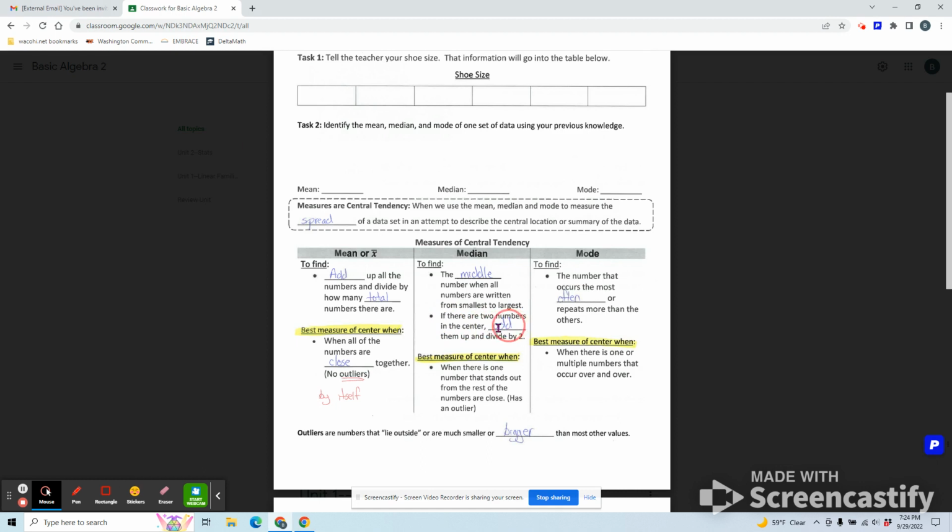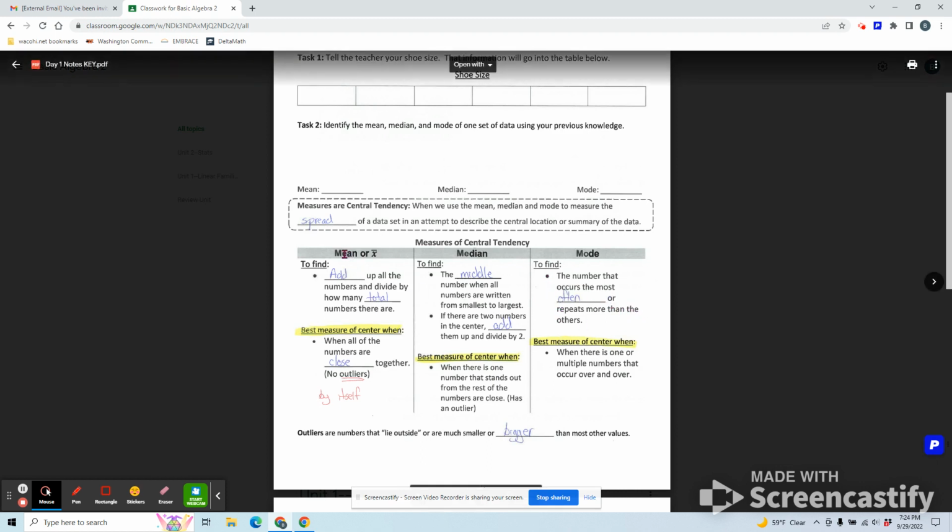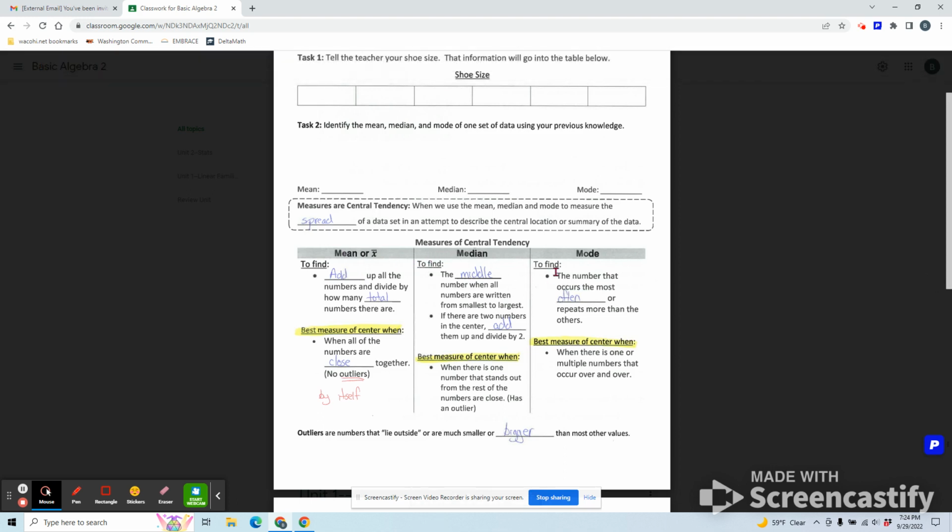If there are two numbers in the center, you will add them up and divide by 2. You will see that every now and then, not all the time, but every now and then. And then the mode is a number that occurs the most often or repeats more than others. So I want the one that repeats the most. So there's your mean, your median, and your mode.